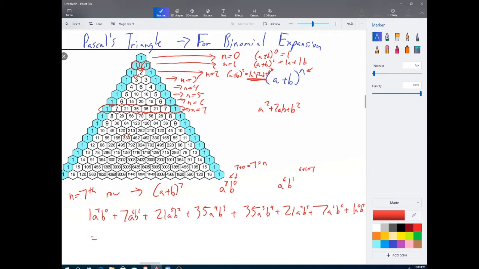And then at this point I can simplify, because obviously anything to the 0th power is 1, and anything to the first power I can ignore the power. And of course the coefficients of 1. I can write this out that if I saw this in a textbook or wherever, I would probably see the problem simplified to look like this.